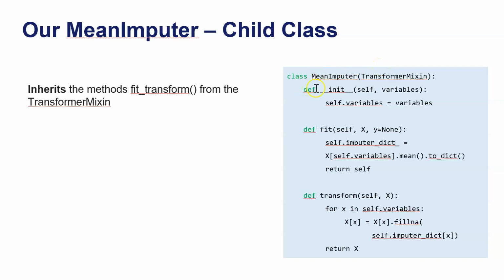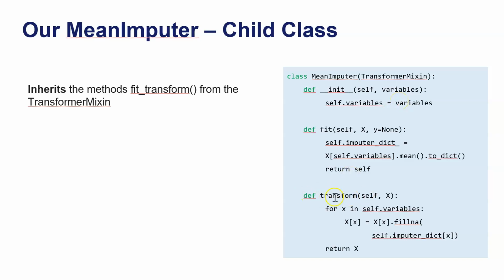We can define the initialization parameters for the min-imputer as we did in the previous video. So here we initialize the class with the variable list. The fit method is the same as the one that we saw previously. It will take the data frame and the target optionally, and it will create an imputation dictionary that takes the min value of each one of the variables used to initialize the class.